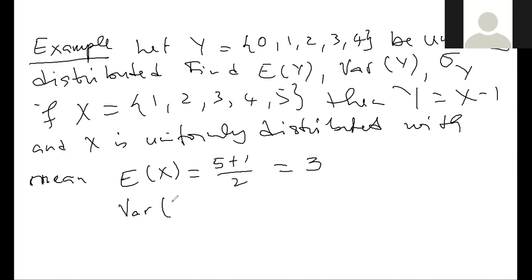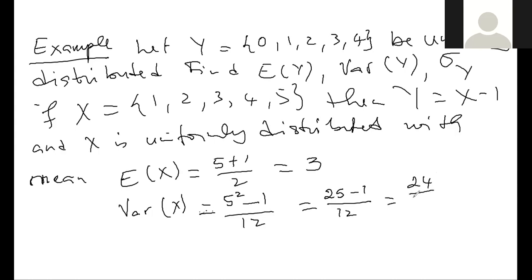And variance, the variance of x is n squared minus 1 over 12. 5 squared is 25, minus 1 over 12, which is 24 over 12, equals 2.